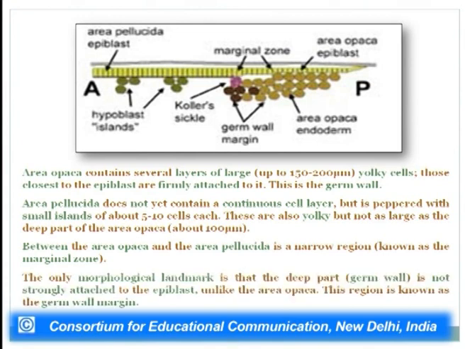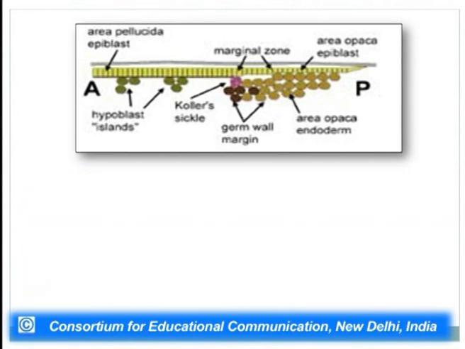The only morphological landmark, which is very important, is that the deep part is not strongly attached to the epiblast, unlike the area opaca. This region is known as the germ wall margin. So, germ wall is basically the multi-layered area opaca cells, and in this particular marginal zone, the morphological feature which differs is that they are loosely adhered to the epiblast layer as shown in the picture.